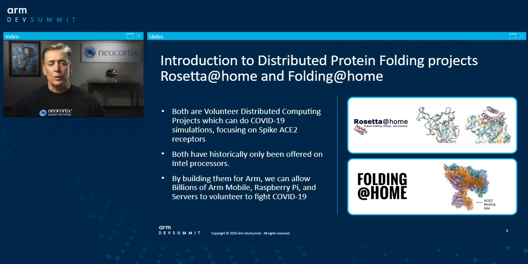Rosetta at Home is largely focused on static molecular simulations of how proteins fold and the configurations that they take in a sort of static position. Little diagram there showing some of the protein folding positions for the coronavirus spike protein. The first diagram is the spike protein without a binding molecule to it.